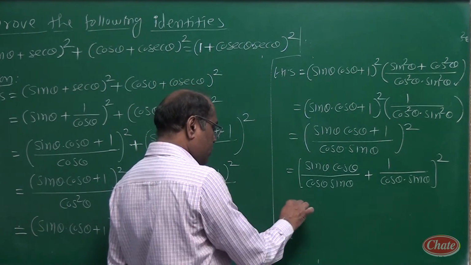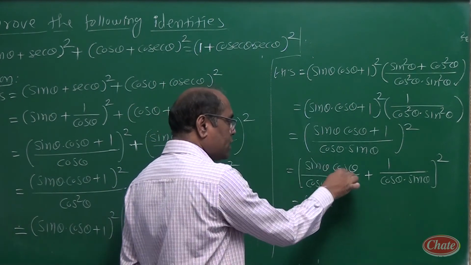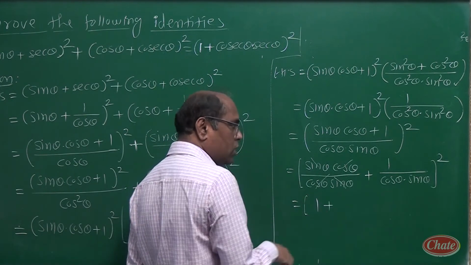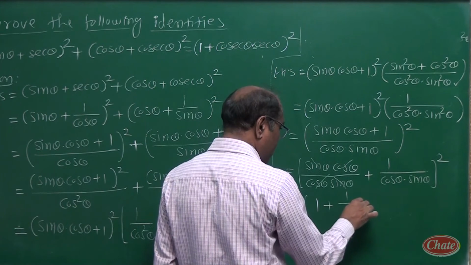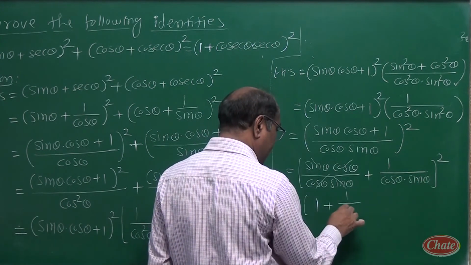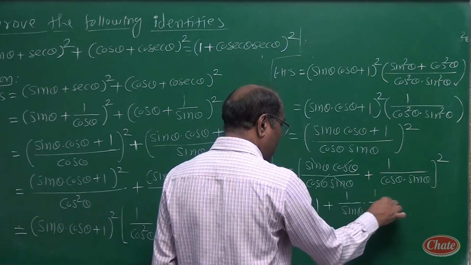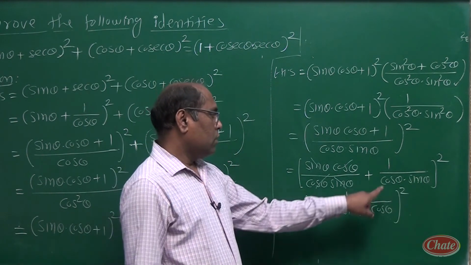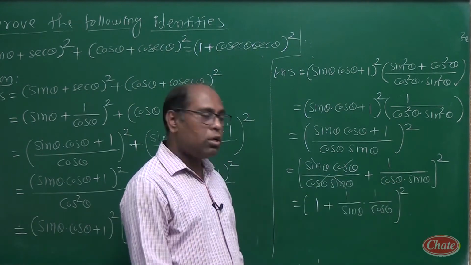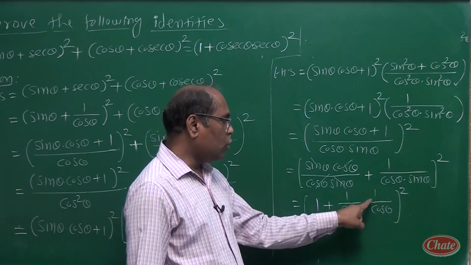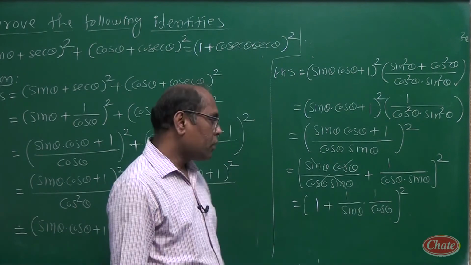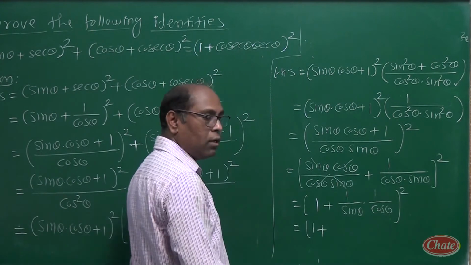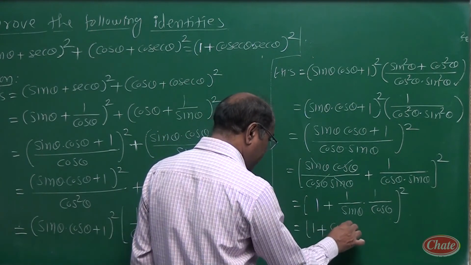Now in the first term sin theta cancels, cos theta gets cancelled, so we get 1 plus 1 divided by, now it can be written as 1 upon sin theta into 1 upon cos theta, bracket square. It is a multiplication, we can change the order. 1 upon sin theta into 1 upon cos theta, and so that is equal to 1 plus, what is 1 upon sin theta? 1 upon sin theta is cosec theta.